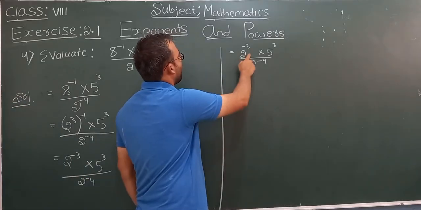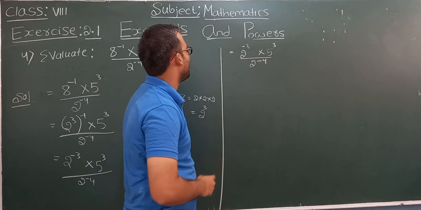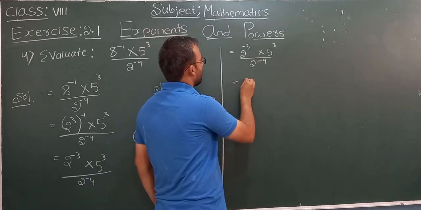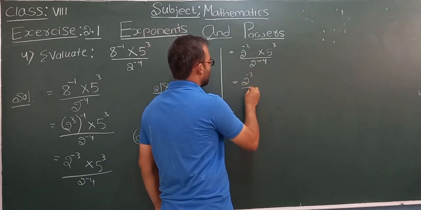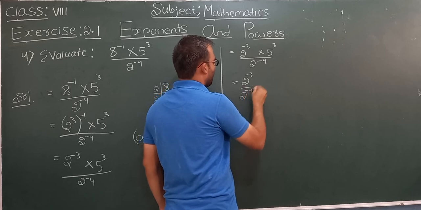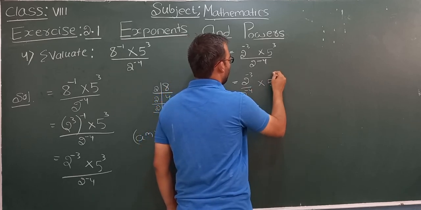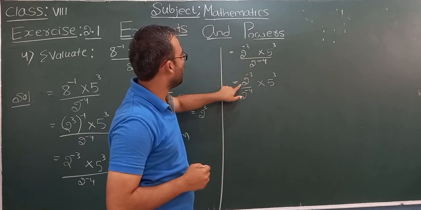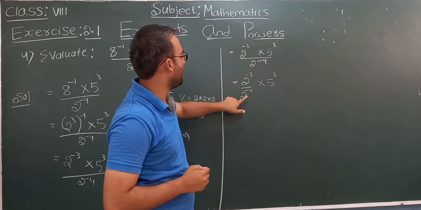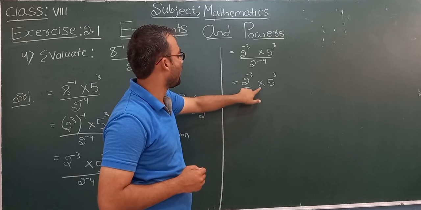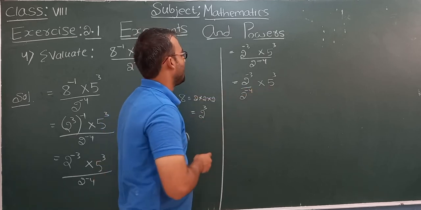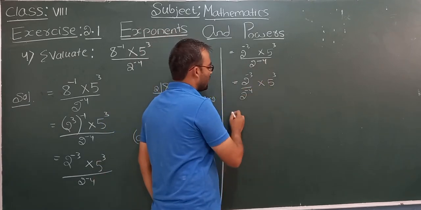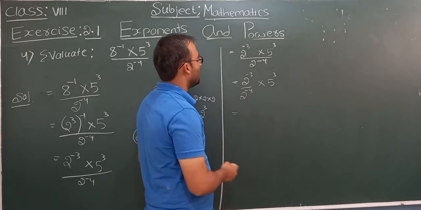Students, we have 2 power minus 3 into 5 power 3 divided by 2 power minus 4. This can be written like this: 2 to the power minus 3 divided by 2 to the power minus 4 into 5 to the power 3. Same. So this can be rewritten like this.